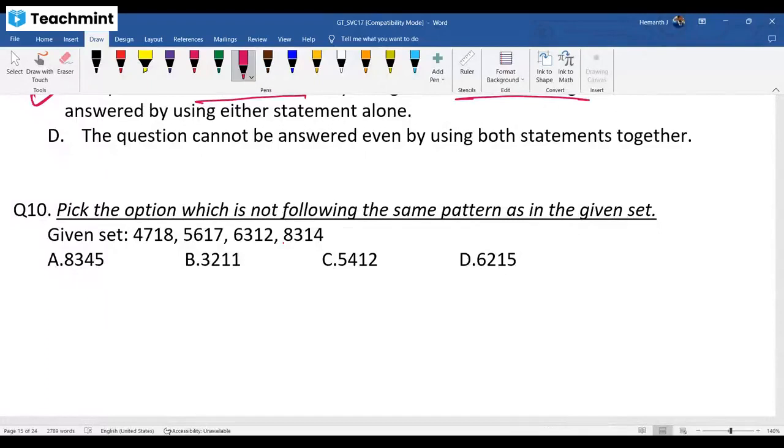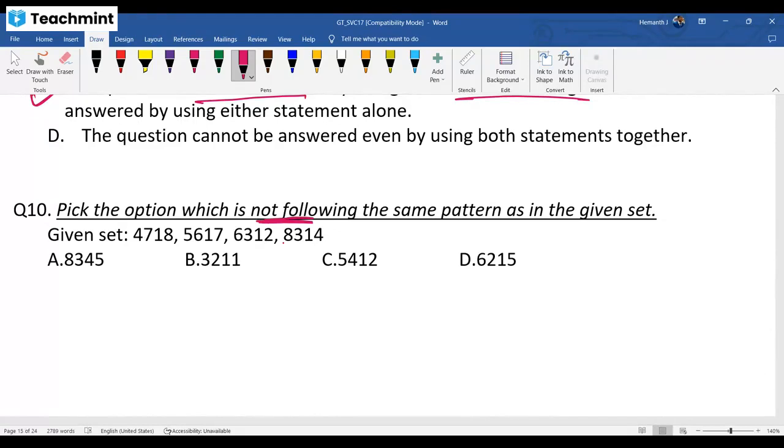What can we do here? Pick the option which is not following the same pattern. Here, these are following a certain pattern. You have to pick the option which is not following that pattern. You check which option is not following that pattern. The given set is maintaining some pattern; among the options, find which is not maintaining the pattern.